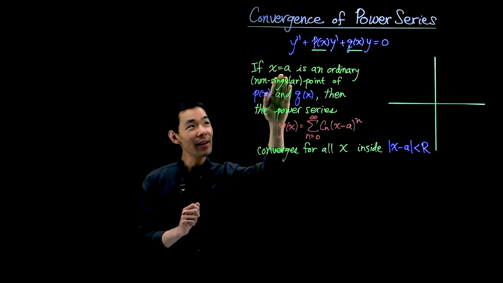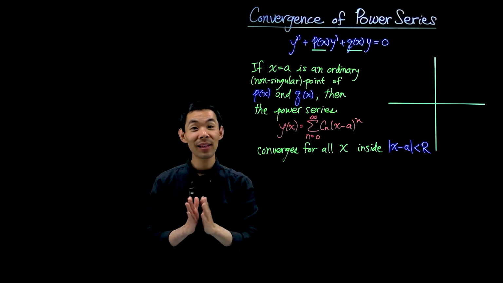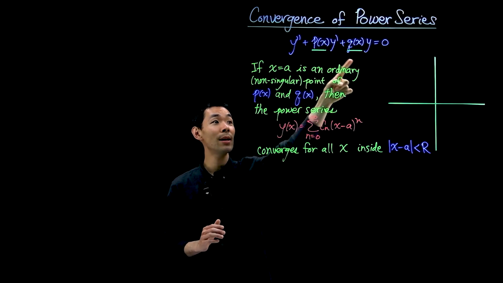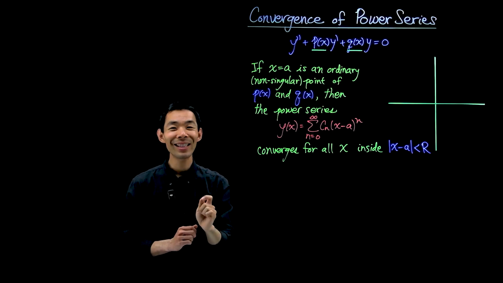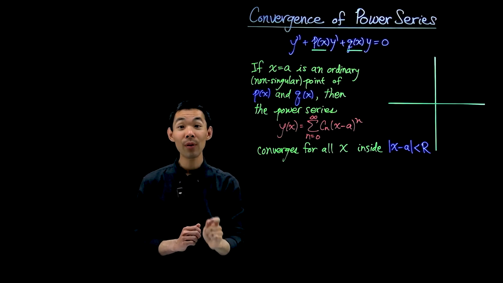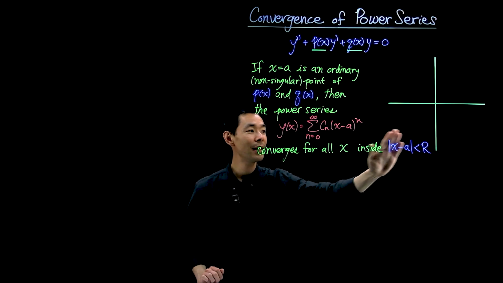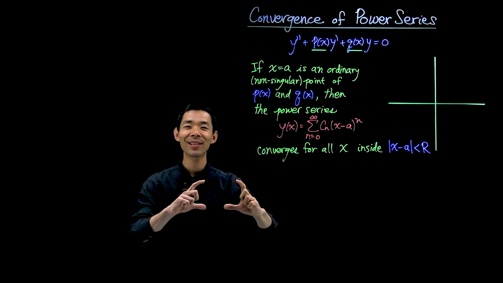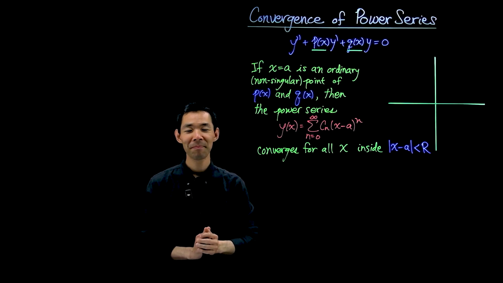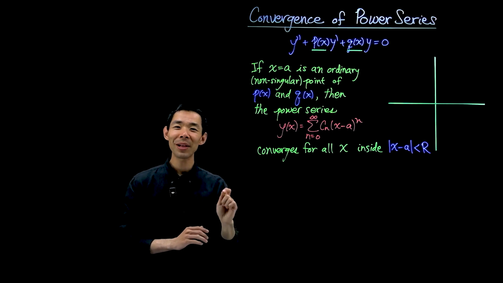Now, if x equal to a is an ordinary point, a non-singular point of the two coefficients p and q, the terms that I've underlined up here, then you're guaranteed that the solution to the power series right here will converge to the right answer for all x points inside a circle, a disk, less than r, centered about your expansion point. Now, there's a lot going on, and it almost sounds like I'm speaking in a foreign language here. So let's draw some pictures.